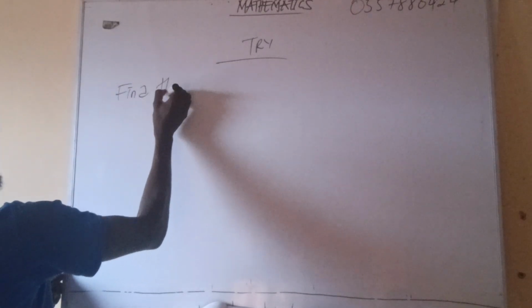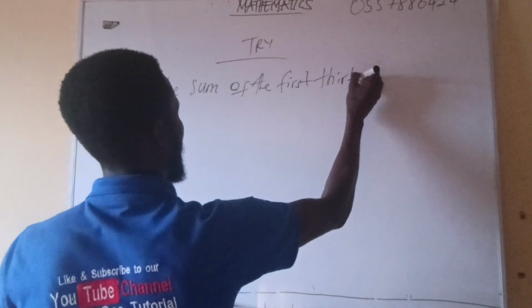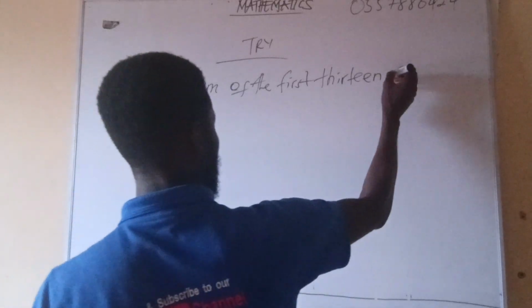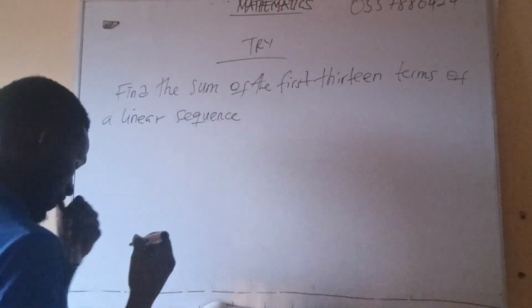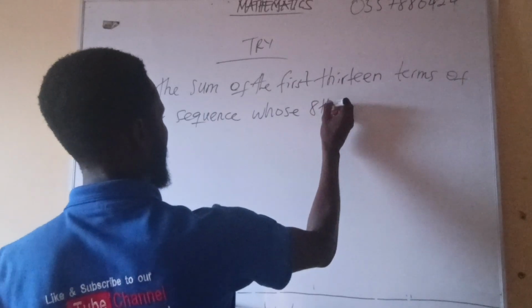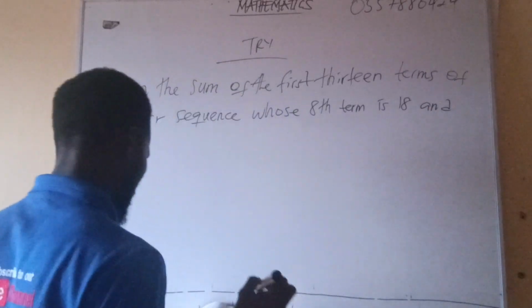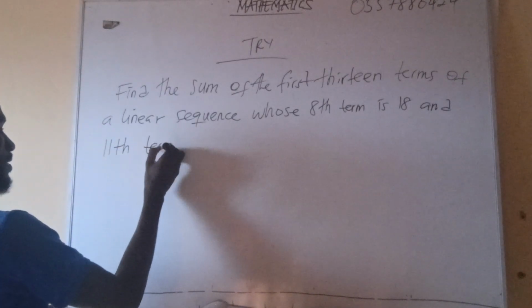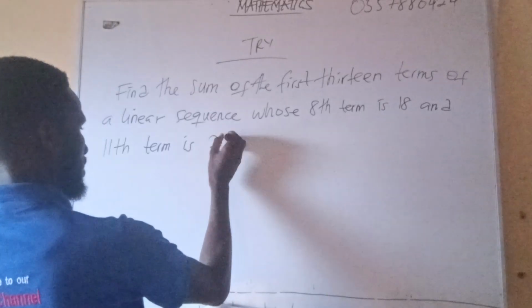Find the sum of the first 13 terms of a linear sequence whose eighth term is 18 and 11th term is 24.